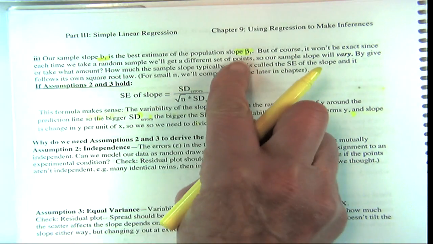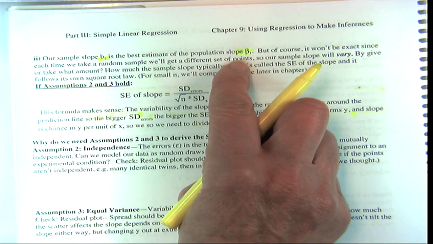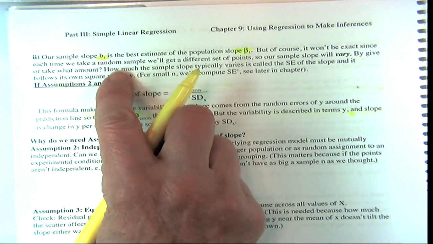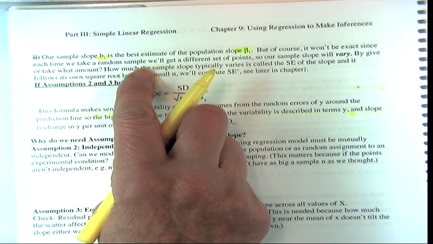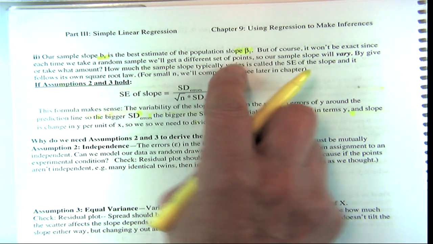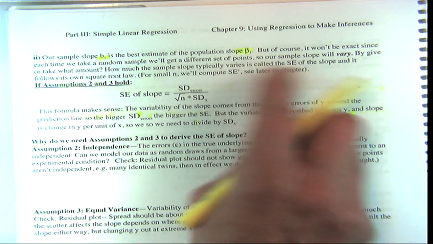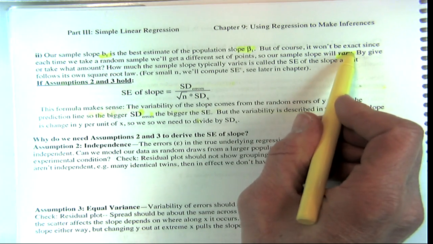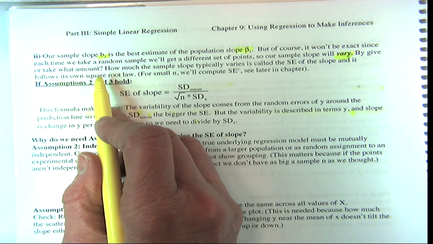What else would we use? But of course it won't be exact, since each time we take a random sample of, let's say, 100, another 100, we'll get a different set of points. So our sample slope will vary by give or take what amount.